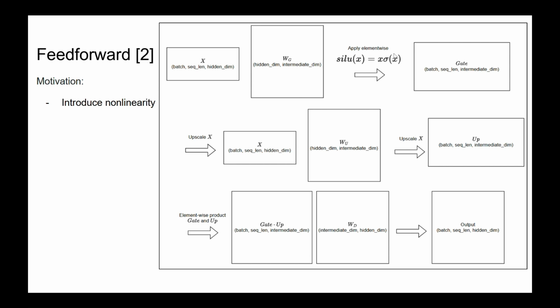Go back to x, you're going to upscale it. This time you don't apply the activation function, and then you get this up. What happens next is that you're going to multiply gate and up element-wise, and then multiply that by WD, which translates from the upscaled dimension into the original hidden dimension, so that we match the output to the input dimension.